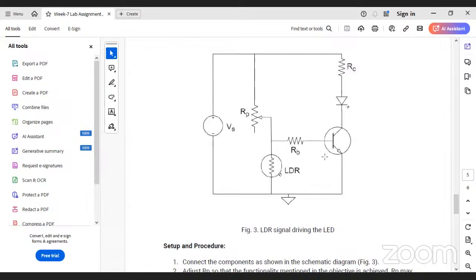IC is dependent on IB, right? So in that way, if high IC is there, the LED brightness will be more, right? Yes.